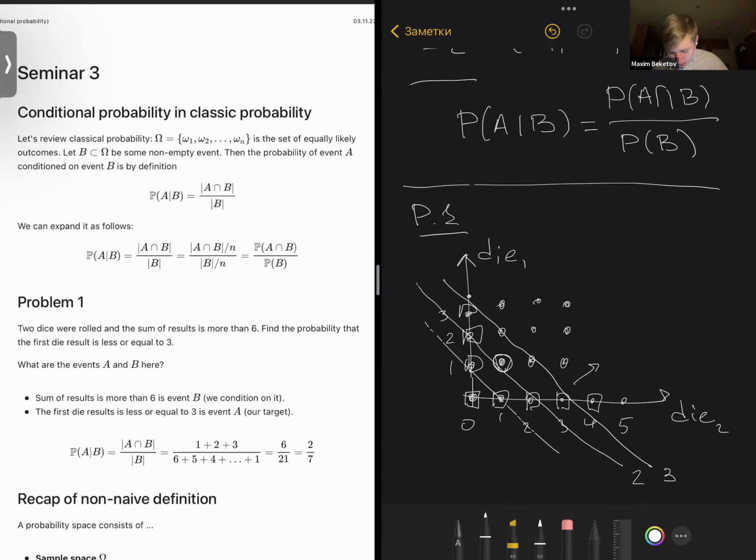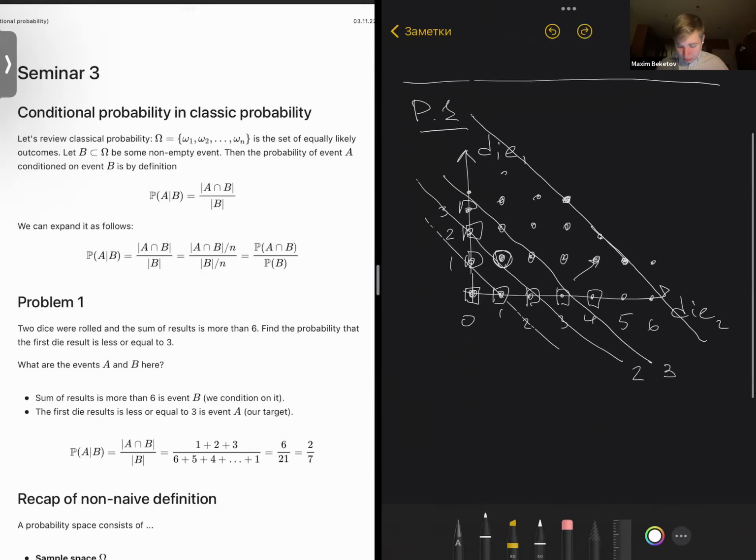That happens when we have 4, 5, and finally 6, right? If 6 were the total, we would be here. We started with 5 and 1, or we could have 4 and 2, or 3 and 3, right? And so it was this line. And what's the probability that the first die is less than or equal to 3?